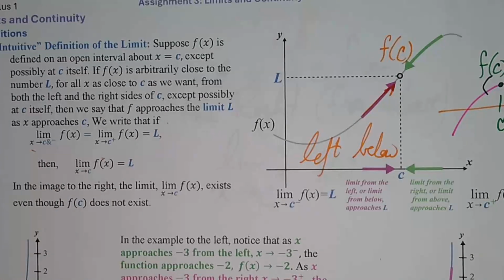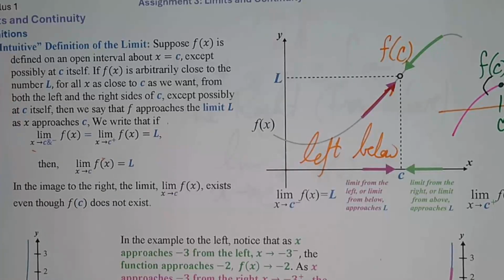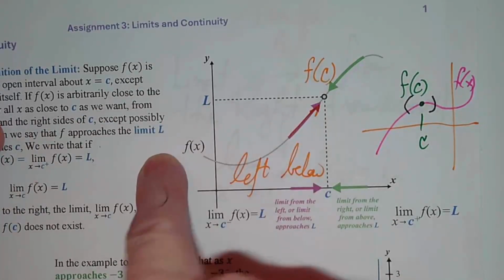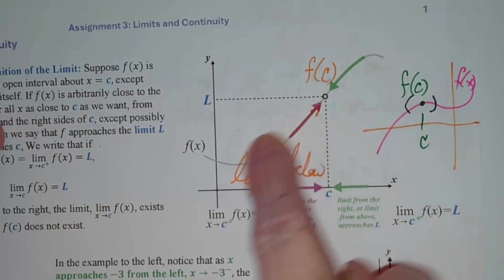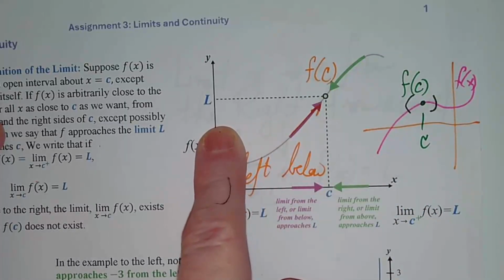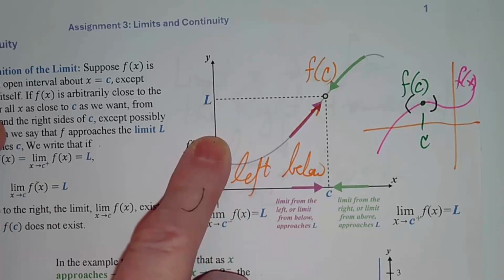In this assignment, we're looking at two things. We're looking at the intuitive idea of limit and the intuitive idea of continuity. And the simplest way I can describe continuity is if you can trace a graph without having to pick up your finger, then it is continuous. But let's check this out.